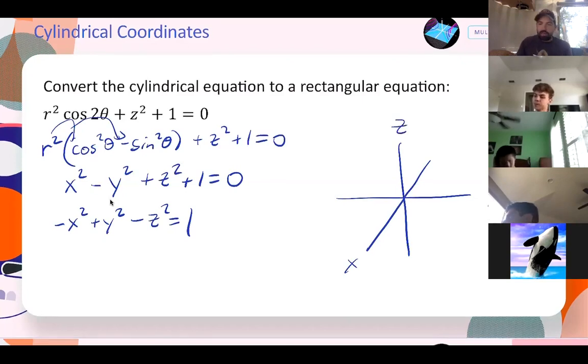And since the y is the only positive, it's a hyperboloid of 2 sheets opening along the y-axis. So it's those 2 little cups opening out sideways along the y-axis. Again, it's not asking you to graph, so you don't have to graph it, but if you can recognize that, that's good.